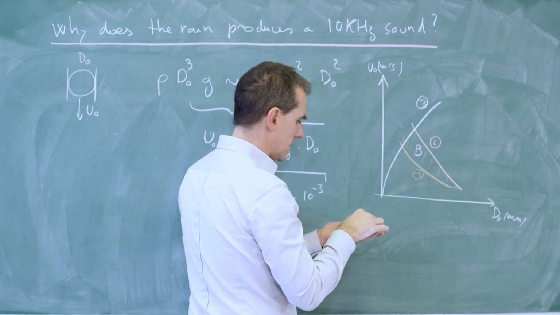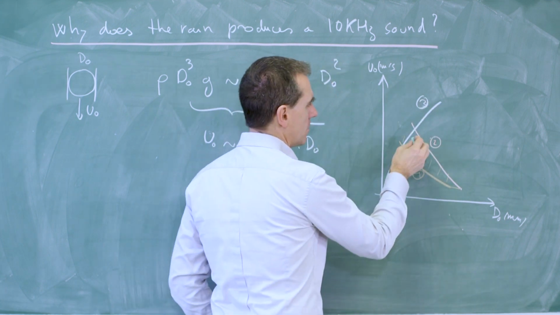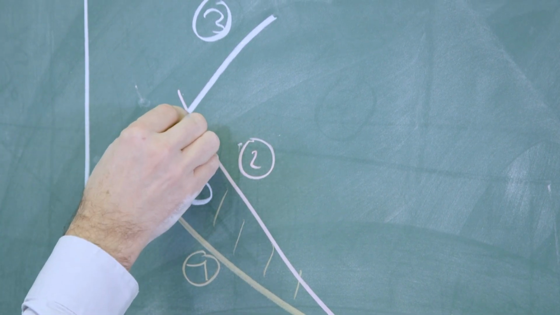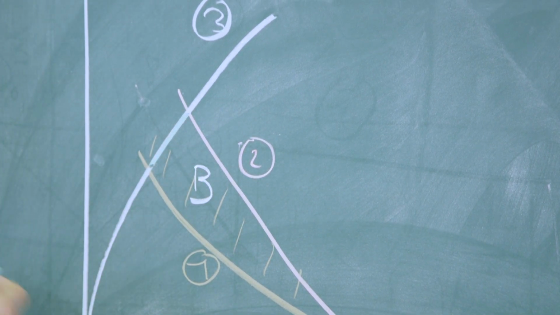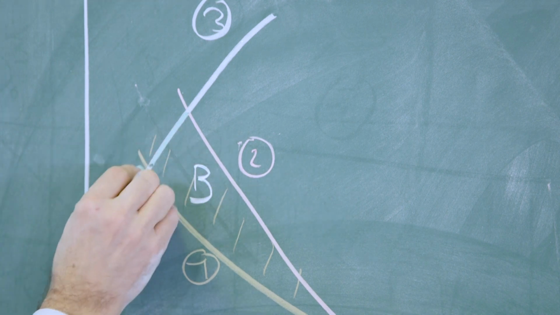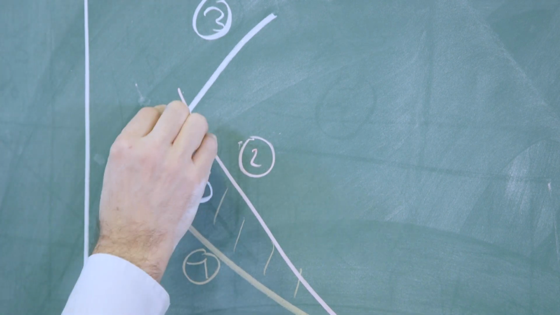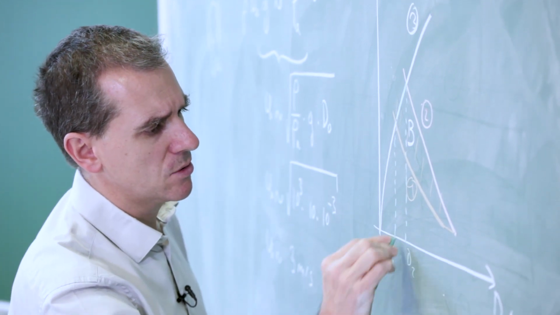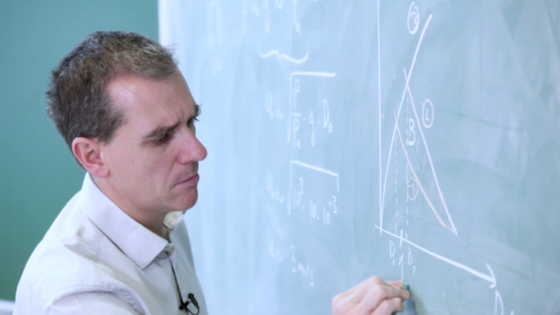And so this means that in the rain, there will be only a small region of diameter that will be able to entrap bubbles. And this small region is below two diameters, D1 and D2, which are very close to 1 millimeter.